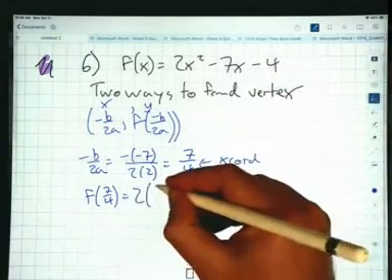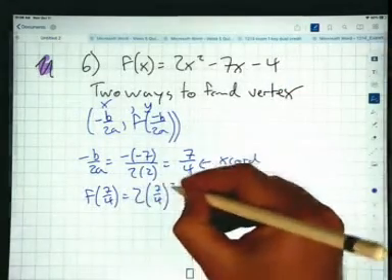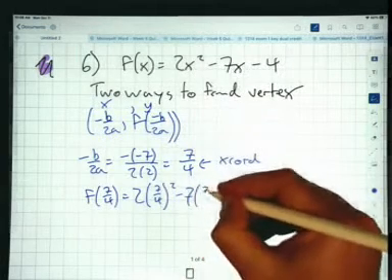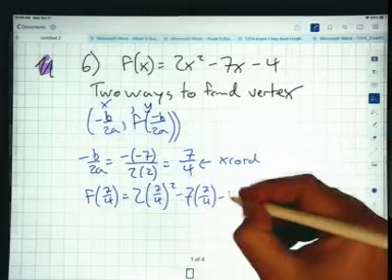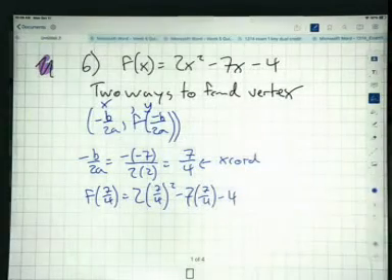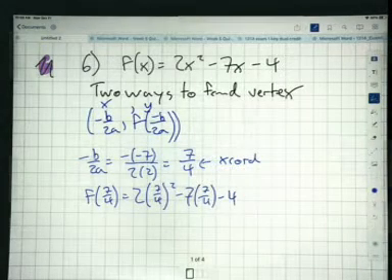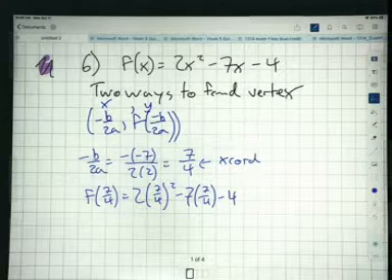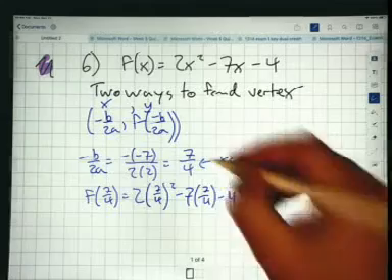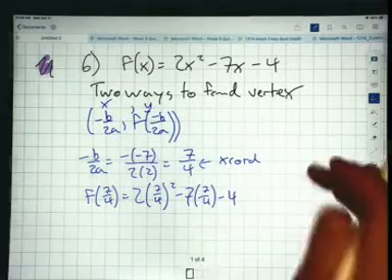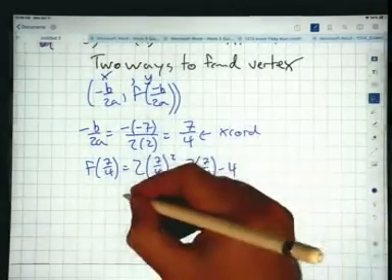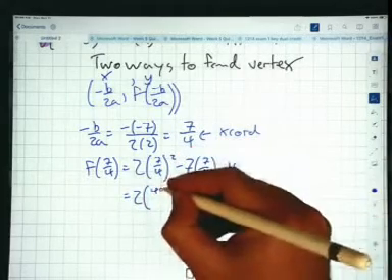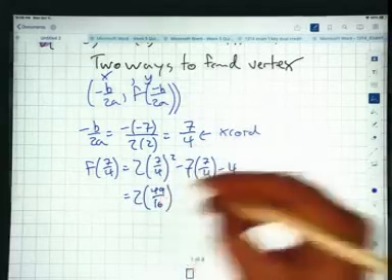So we have 2 times 7/4 quantity squared minus 7 times 7/4 minus 4. Now, I want the fraction form of this answer. I don't want the decimal number, and I don't want the mixed number form. I want the improper fraction, because we're going to get an improper fraction here. So 7/4 squared is going to be 49 over 16.